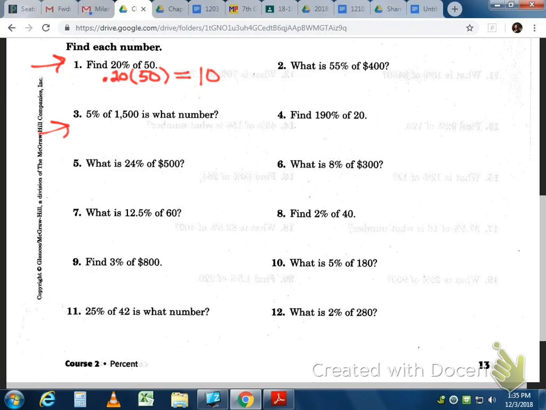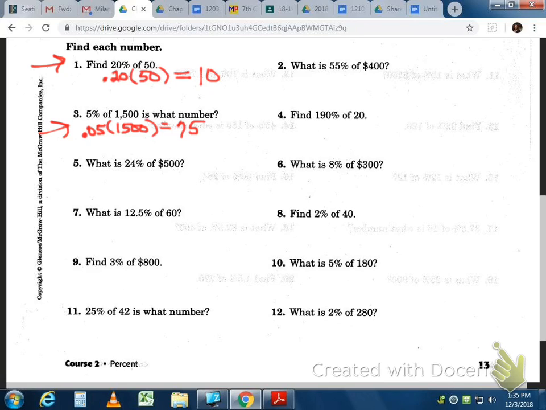Okay, number 3, 5% of 1,500. Somebody that hasn't answered, how do we write 5%? Dylan. 0.05, of means times, and 1,500. So 0.05 times 1,500, 75.